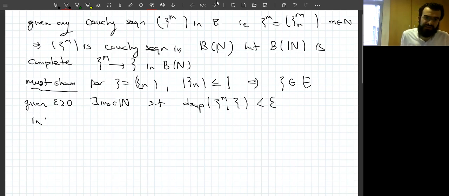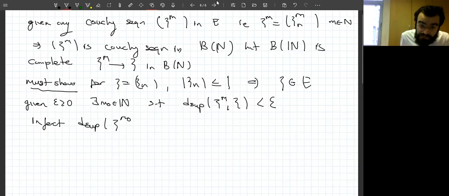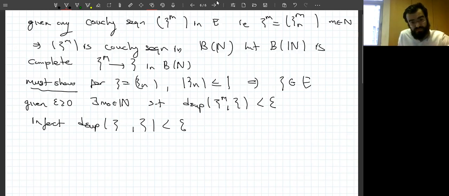In fact, the distance to psi, and the distance to 0. Okay. This is epsilon, this is psi_m0.